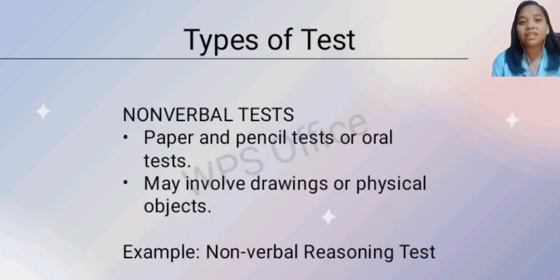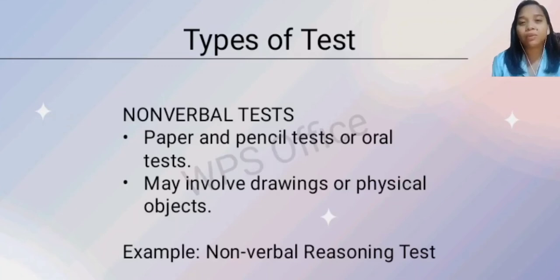Number 6 is the nonverbal test, or it could be a paper and pencil test or oral test, involving drawing or physical objects. Aptitude tests that assess the candidate's ability to interpret visual information and solve problems using logic and reasoning.